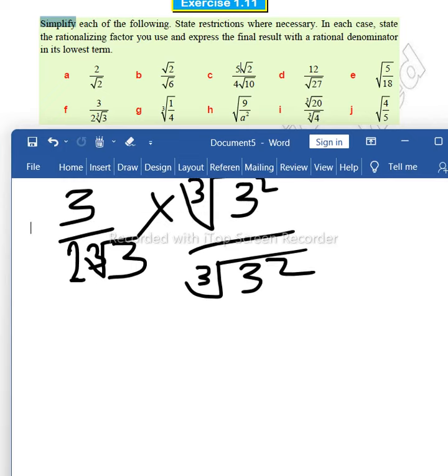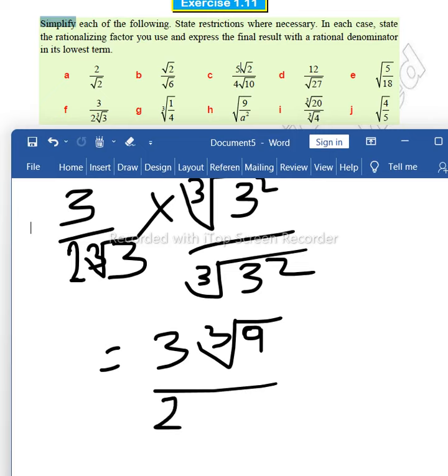When we multiply this, we get 3 times the cube root of 3 times the cube root of 9, or 3 to the power of 2.